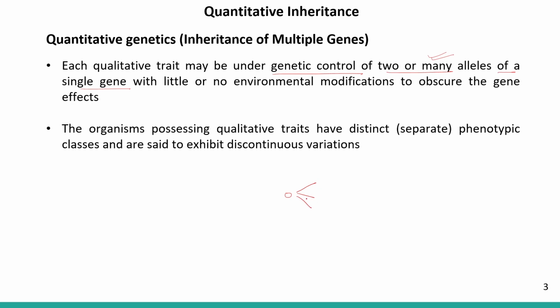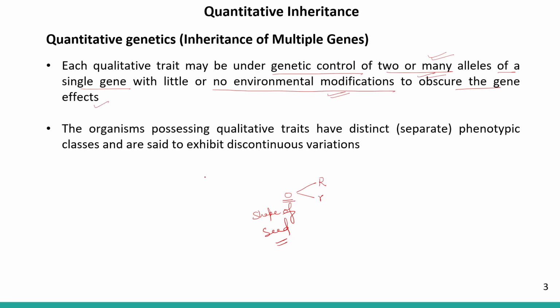Suppose it has two alleles, as in the previous case, round and wrinkled, that is the shape of the seed. Each qualitative trait may be under the genetic control of two or many alleles of a single gene with little or no environmental modification to obscure the gene effect.